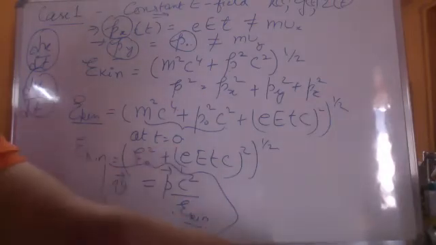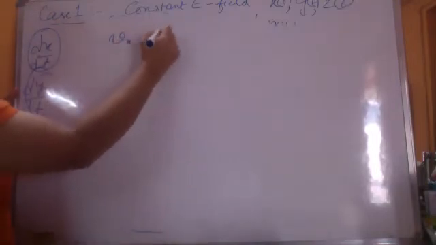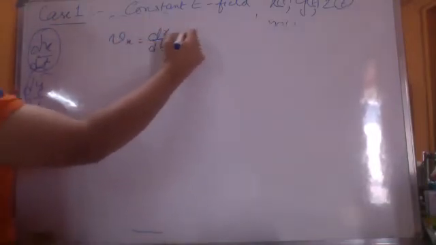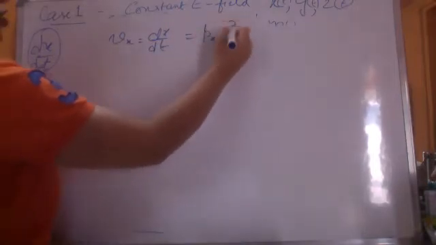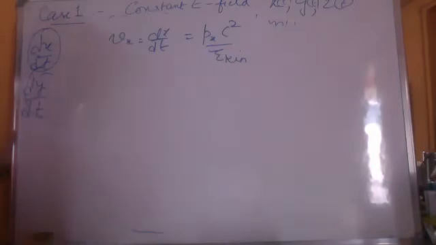So now from here I can write my Vx, which is dx by dt, as px c square by E, the kinetic energy, right?